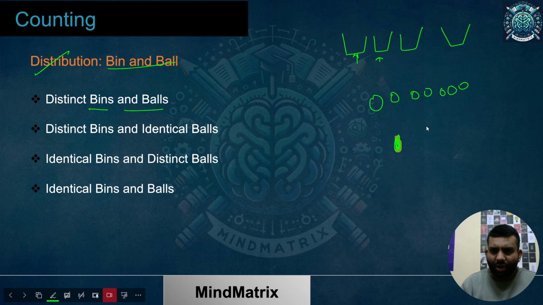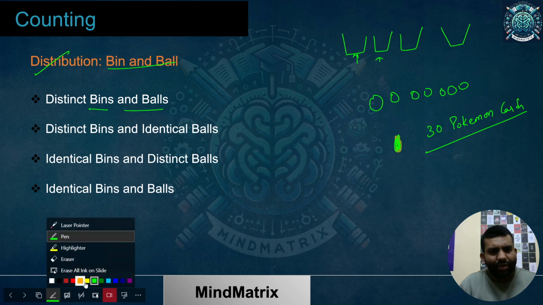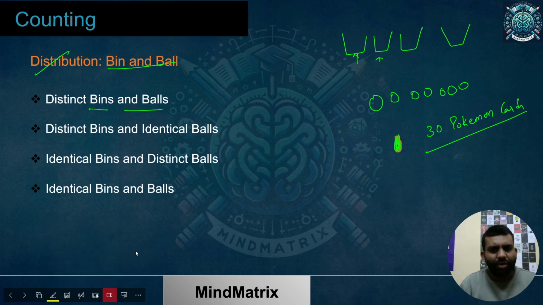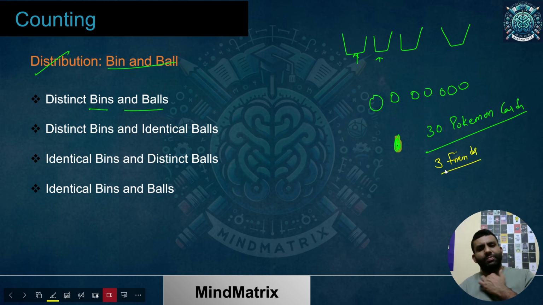So you have 30 Pokemon cards, and you need to distribute them among 3 friends, with 4 each. You want to distribute 4 cards to each of the 3 friends.